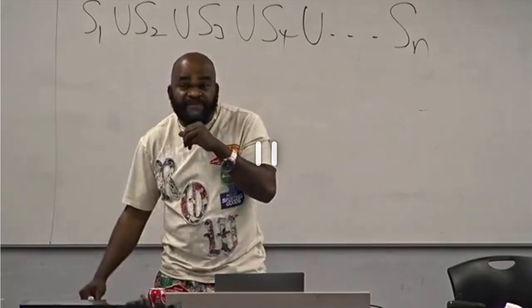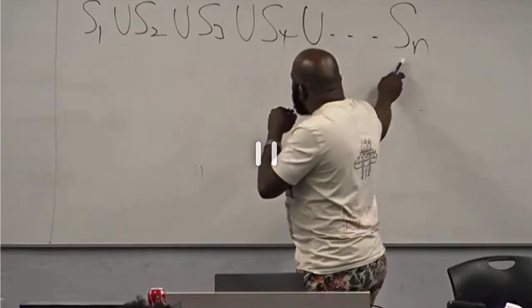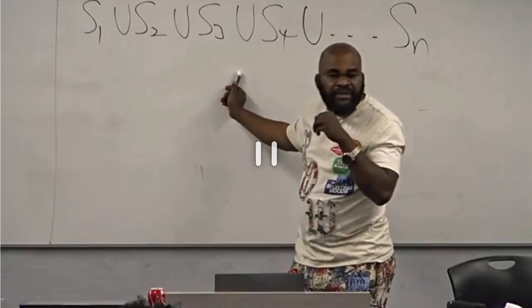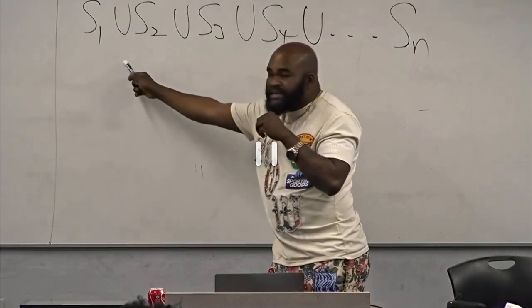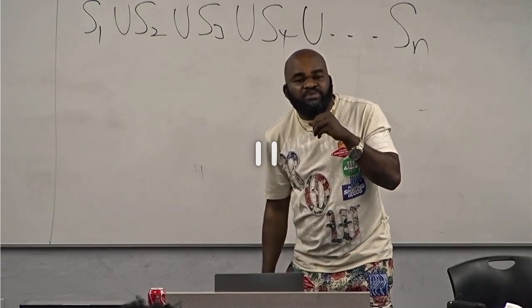For the United States, if I'm talking about states, that will be 50. Now, if I don't want to write it this way, what is the shortest way to write this?